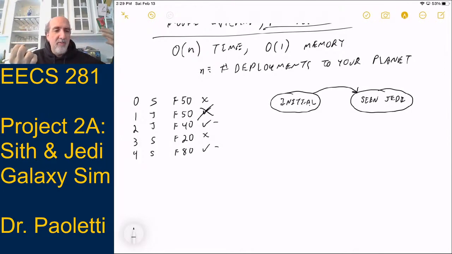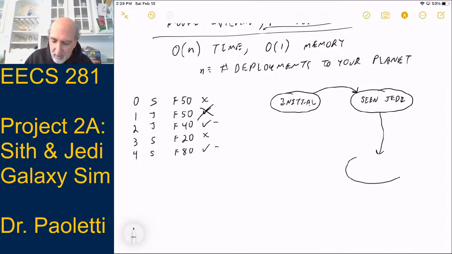After the Jedi arrived, a Sith with a higher, equal to or higher Force sensitivity arrived. So now I've got to make a transition to a new state where I've seen both. And I would have to keep track of both. I'd have to remember, oh, my best Sith has a Force sensitivity of 80, arrived at time 4.